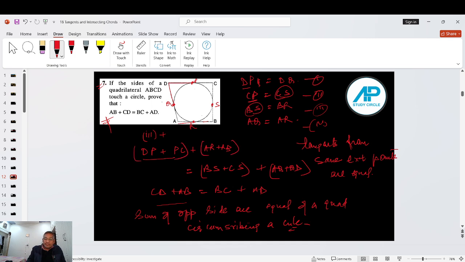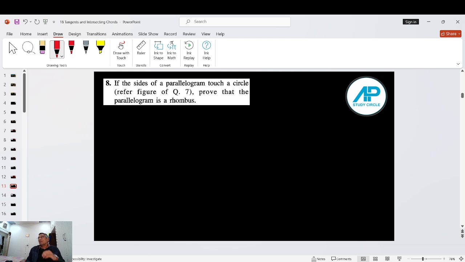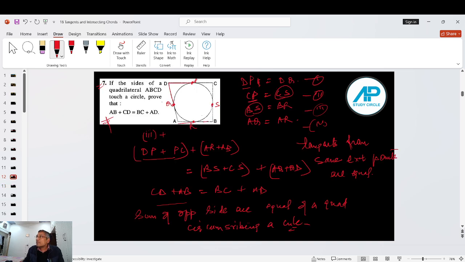All right, everybody. If the question is clear to you, here is the same question with the same properties. The only thing is that now it is given that ABCD is a parallelogram.